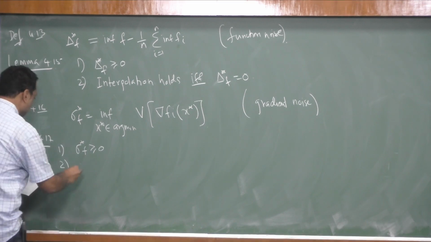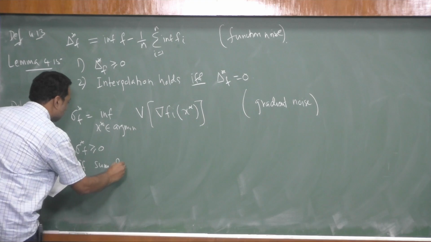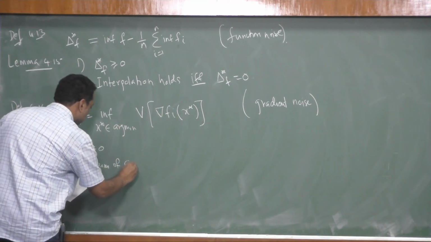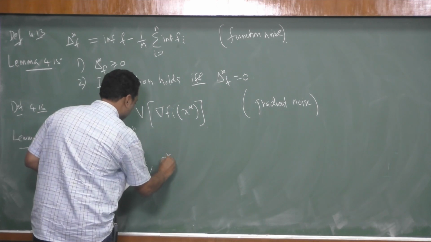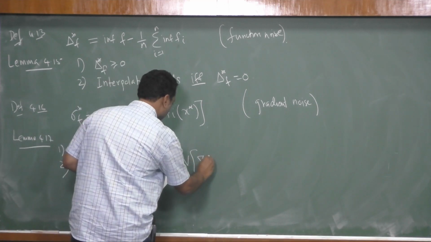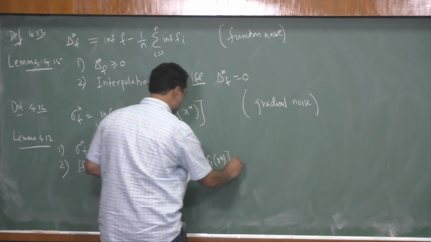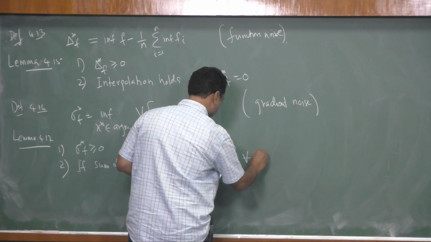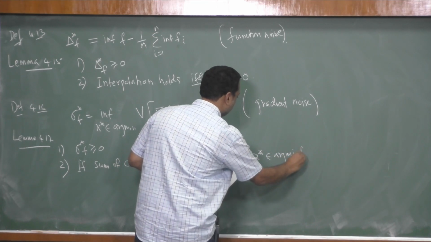And if we have a sum of convex, meaning the fi's are convex, then sigma star f is the variance of grad fi at x star for all x star in arg min of f.